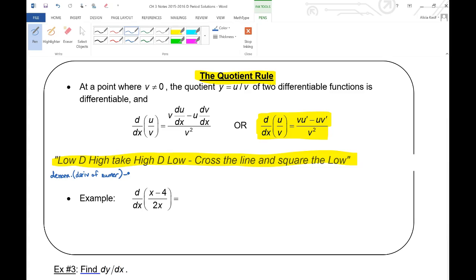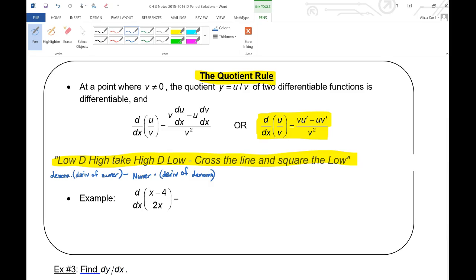So now what's that going to be? It's the numerator times the derivative of the denominator. Whatever the D is in front of, that's what you're taking the derivative of. So low, you take the denominator, times the derivative of the top; take, that's minus; high, the top part, D low, derivative of the bottom.